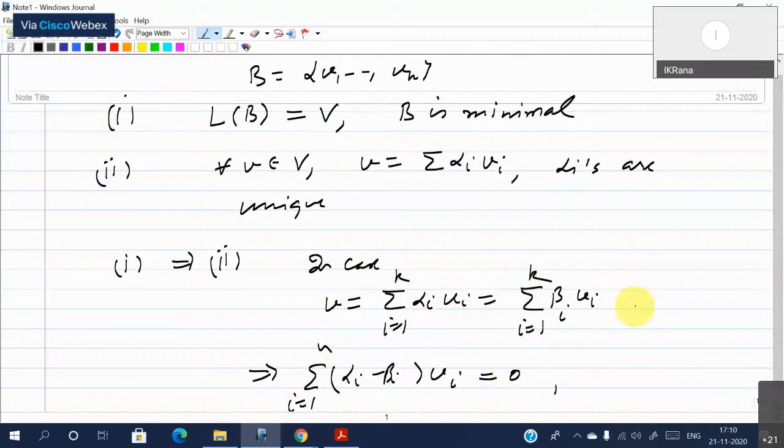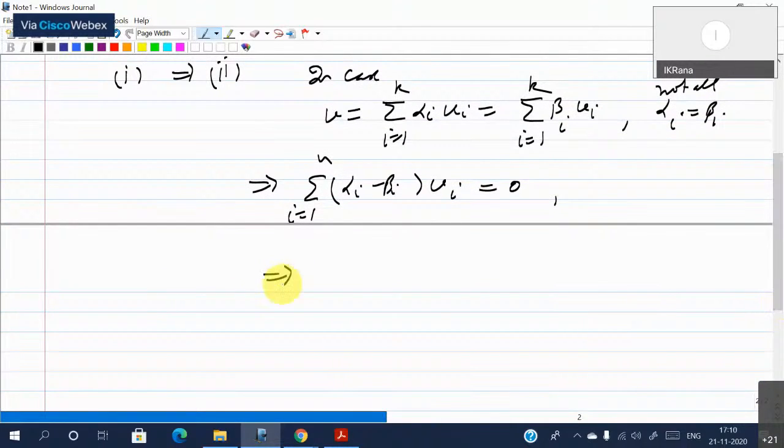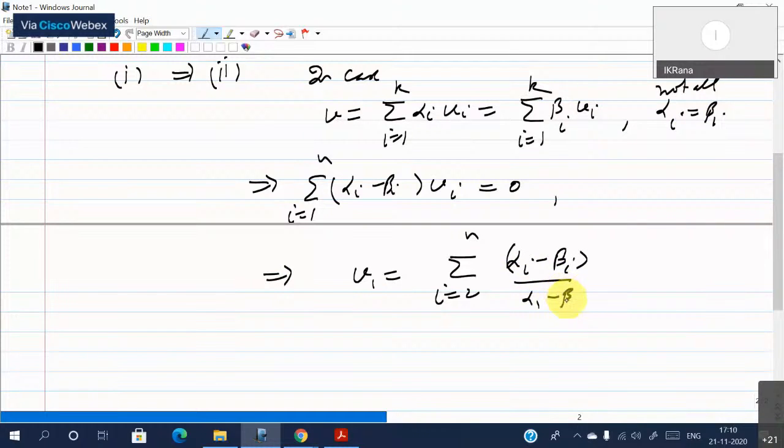And in case where not all alpha i's are equal to beta i's, then one of them is different. Say the first one, in that case, say alpha 1 is not equal to beta 1. So in that case, that is not 0. So I can write V1 equal to sigma I equal to 2 to n of alpha I minus beta I divided by alpha 1 minus beta 1, because that is not 0, times Vi.